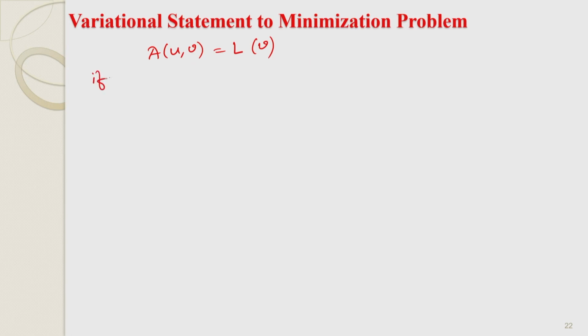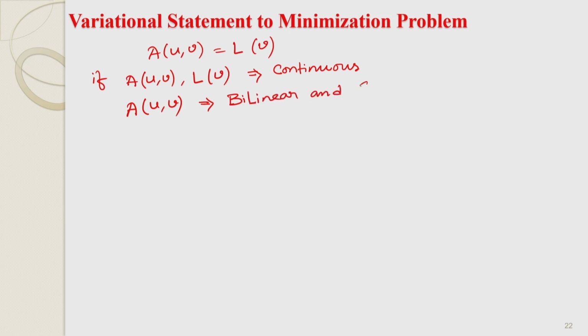The first thing is, these two functions A and L should be continuous. This A u comma v should be bilinear and symmetric. And L v should be linear.